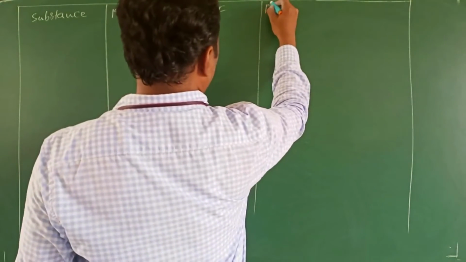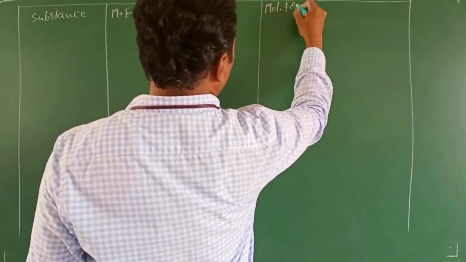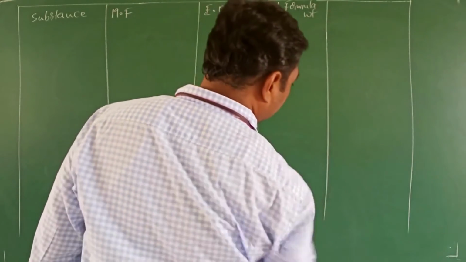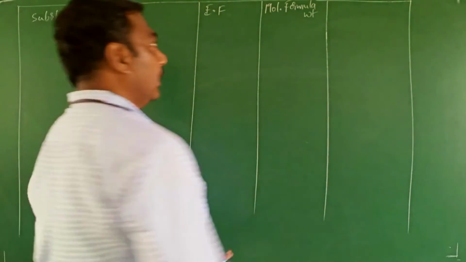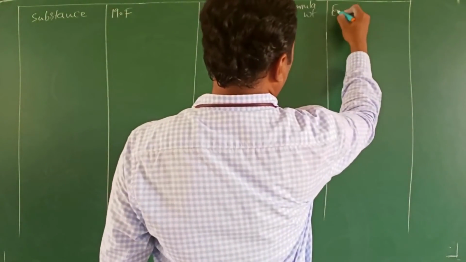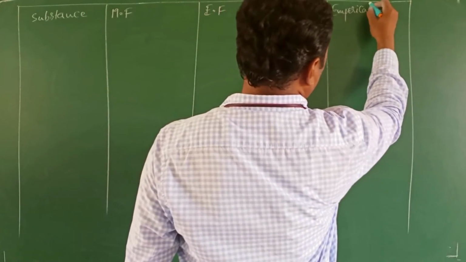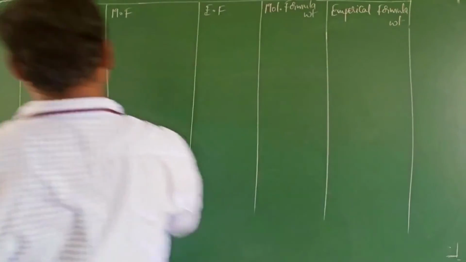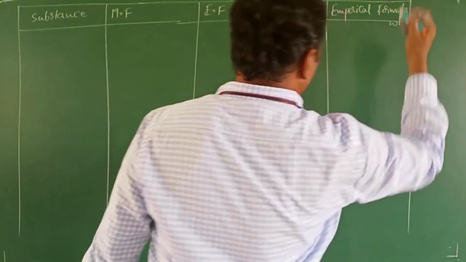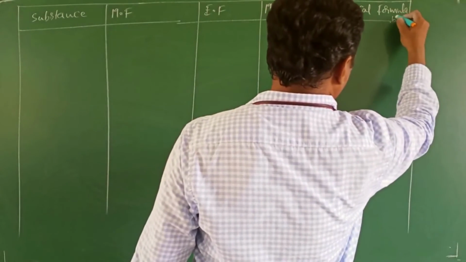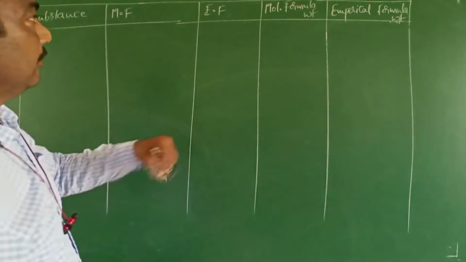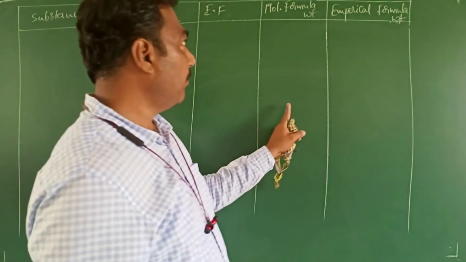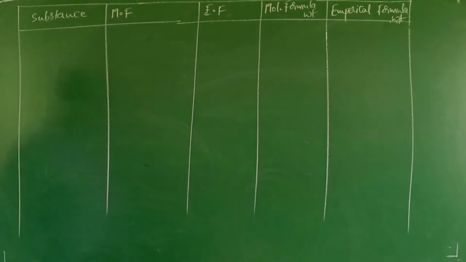And here you take molecular formula weight, and here you take empirical formula weight. Draw a table with 5 columns: substance, molecular formula, empirical formula, molecular formula weight, and empirical formula weight.